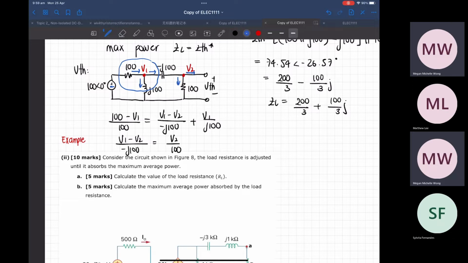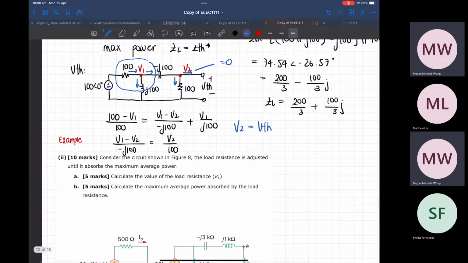So this current right here is actually equal to 0 because this is open circuit, yeah? So there is no current going through. So you have two equations, two unknowns, you solve for the unknowns, and then you get V1 and V2. And in this case, your V2 is actually your V Thevenin, because they're the same node in here.